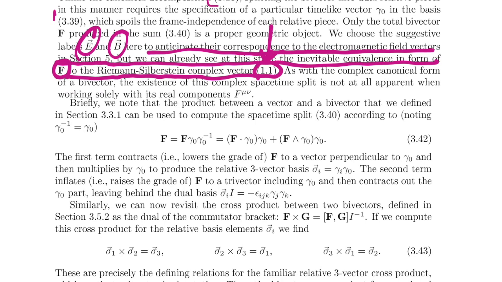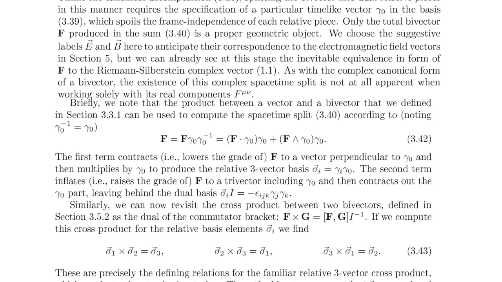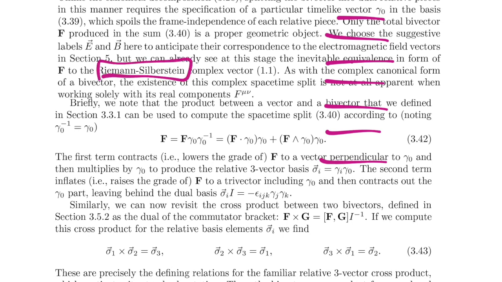What the paper wants to point out, fairly, as far as I know, is that geometric algebra is sort of the culmination of a long history of different mathematical formalisms of electromagnetism, and they cited a whole bunch. One of them was the Riemann-Silberstein complex vector. So somewhere in this, there was the Riemann-Silberstein complex vector presentation of electromagnetism.